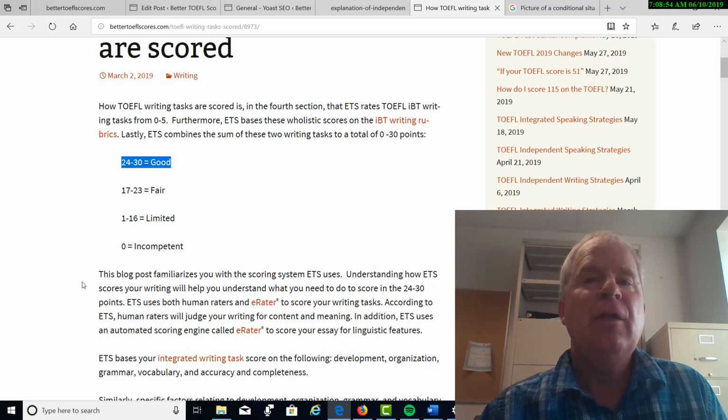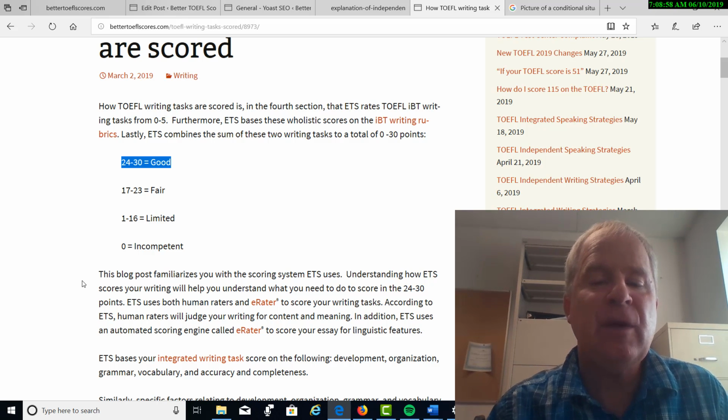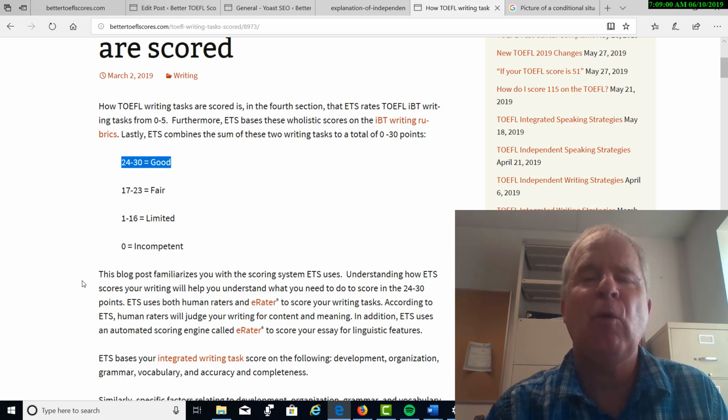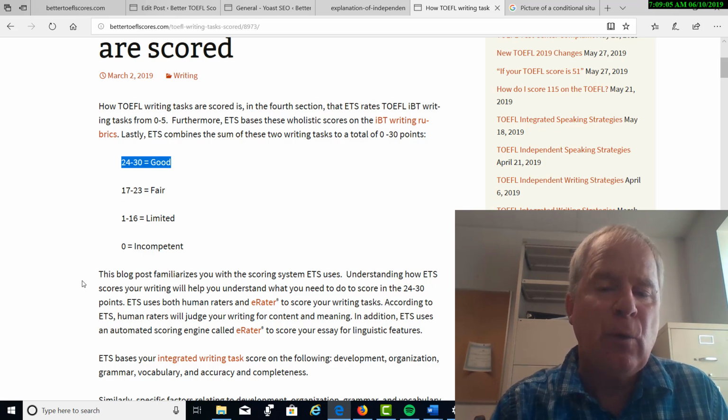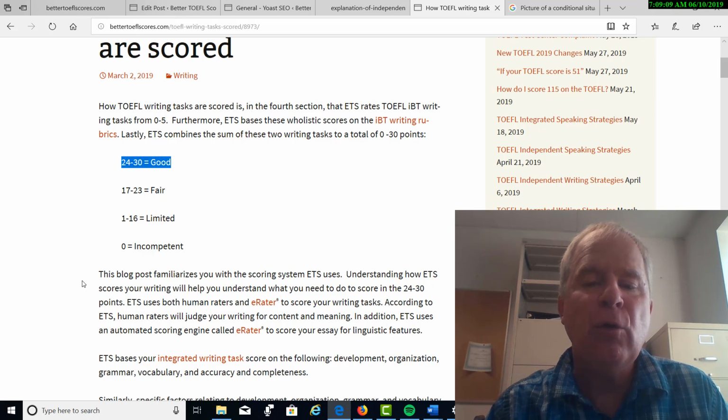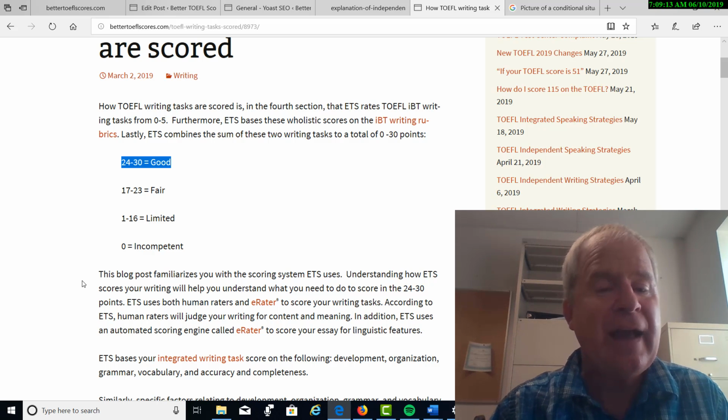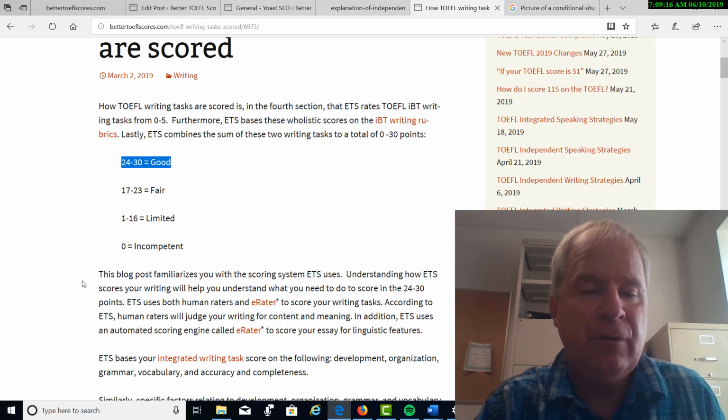Okay, so the lesson talks about the scoring system that ETS uses. Now, you may say, well, Michael, why do I need to know about that? But if you understand how you're scored, it makes it easier to understand what you need to do in order to get that score. Now, the other thing you want to understand, it isn't just a human.